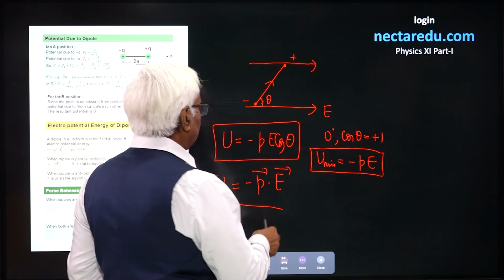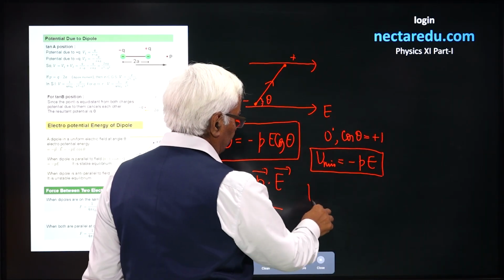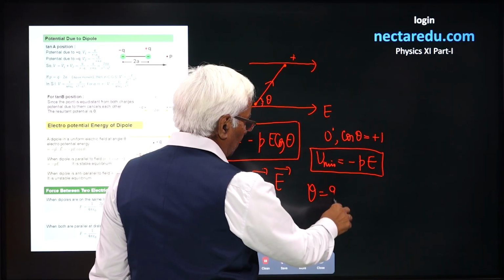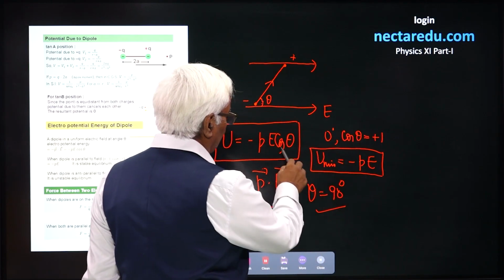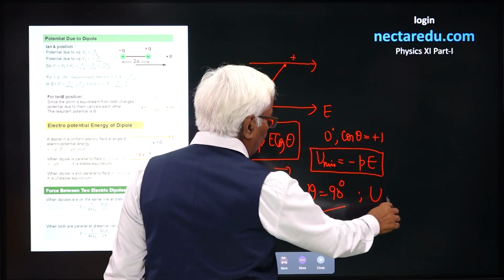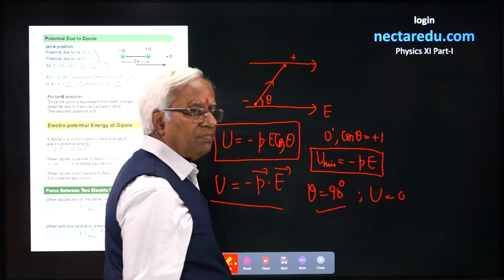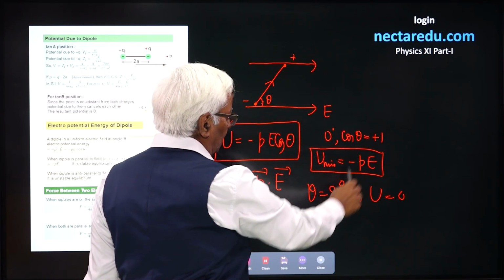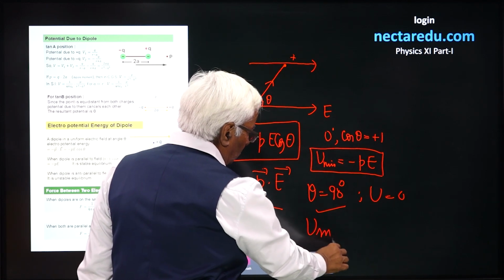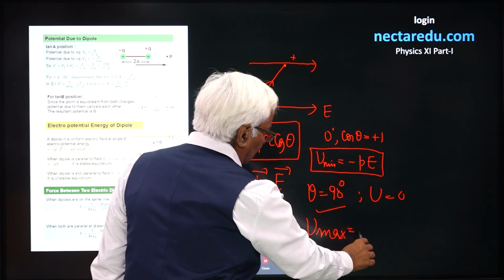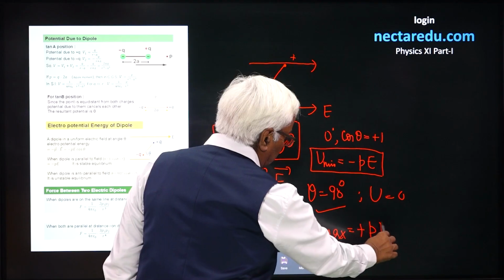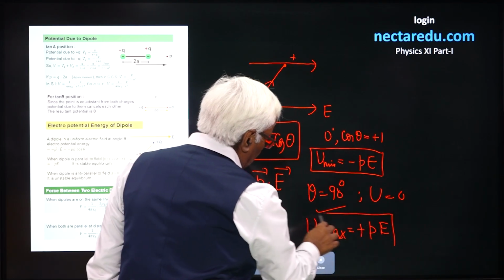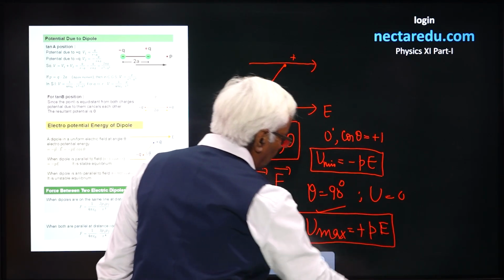At the same time, if you consider the angle to be 90 degrees, cos 90 is 0, so U will be 0 in that case. And if you consider 180 degrees, cos is minus 1, and in that case U is maximum, that's going to be plus PE.